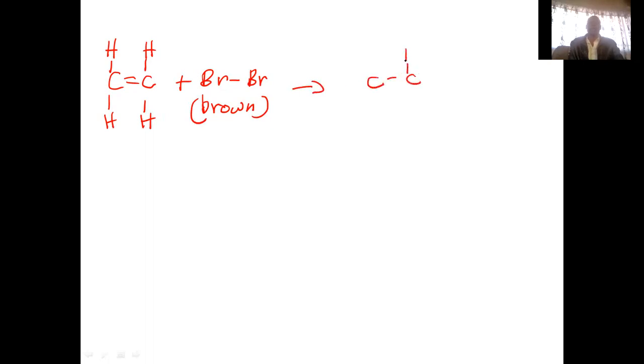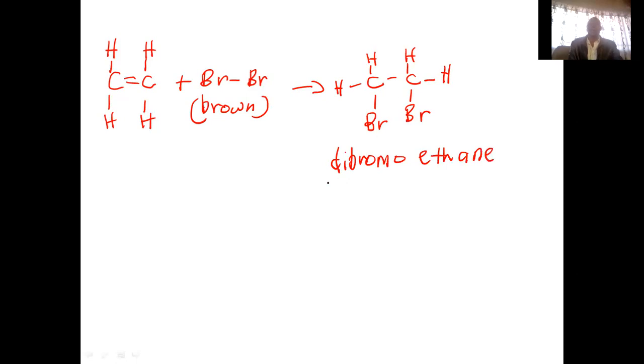So what you're going to have is the 4 carbon atoms. And then bromine. So what you produce is dibromoethane, which is actually colorless.